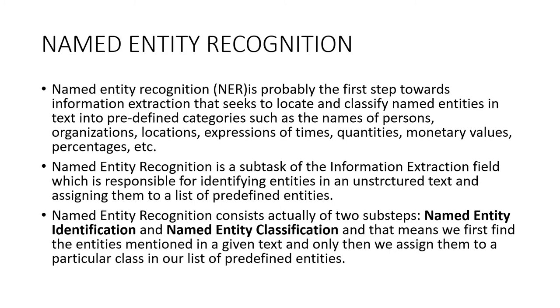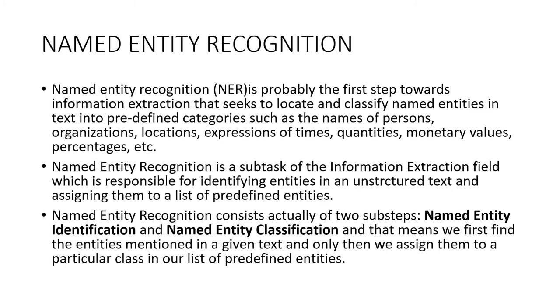Named entity recognition, NER, is probably the first step towards information extraction that seeks to locate and classify named entities in text into predefined categories such as the names of persons, organizations, locations, expressions of times, quantities, monetary values, percentages, etc. Named entity recognition is a subtask of information extraction, which is responsible for identifying entities in an unstructured text and assigning them to a list of predefined entities.